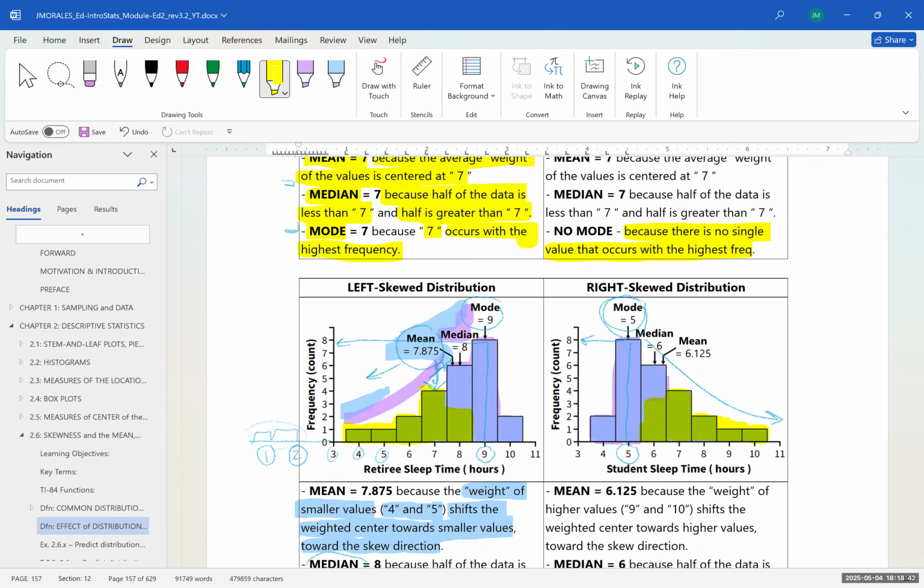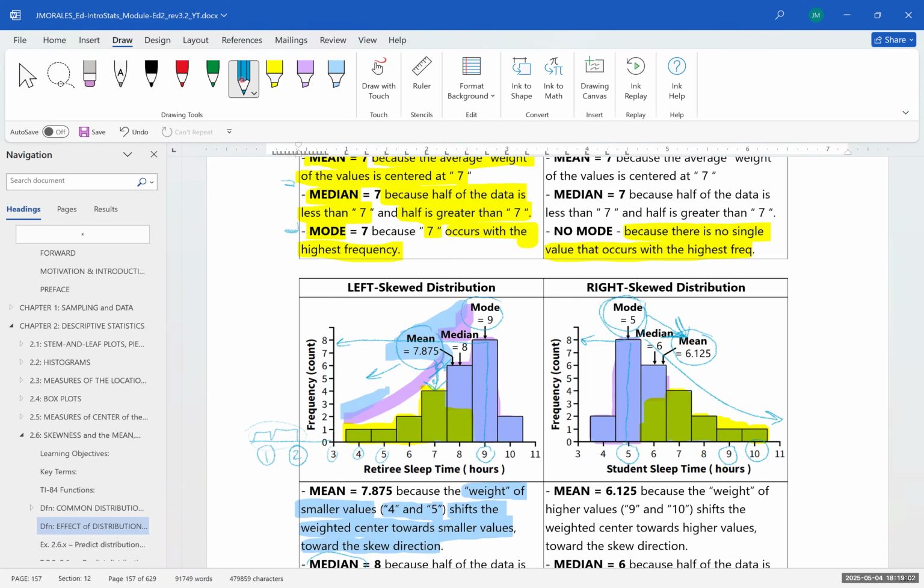And the mean is being pulled away from the mode the furthest because what affects the mean is the magnitude of the datums themselves. So these higher numbers of 9 and 10, that is pulling the mean towards higher numbers.